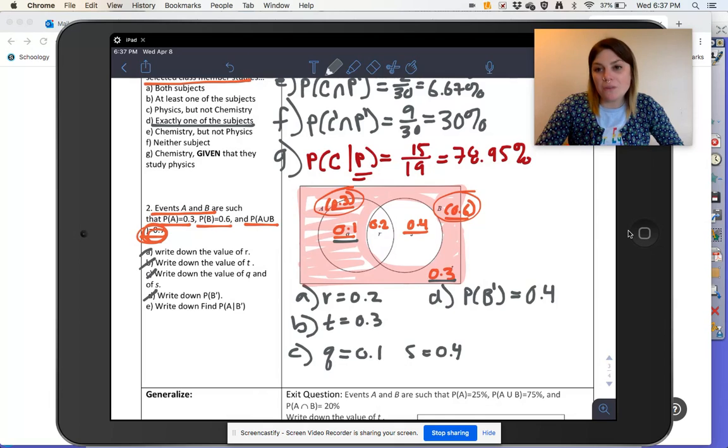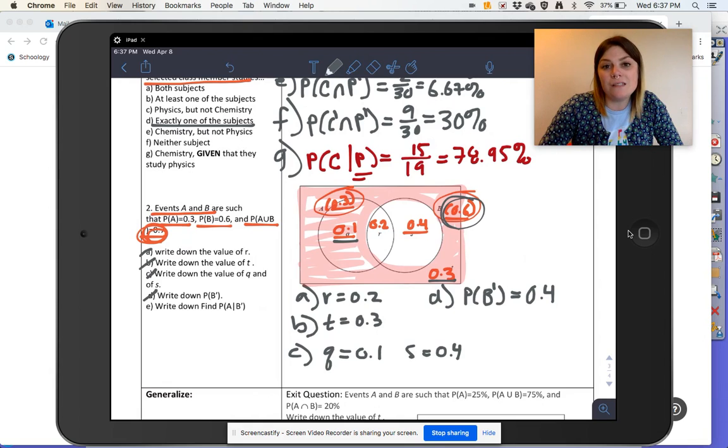Now, remember the other way to do this is that I know B is 0.6. So everything that's not B is 1 minus 0.6, so it would just be 0.4. So instead of having to add, I could just subtract from 1.